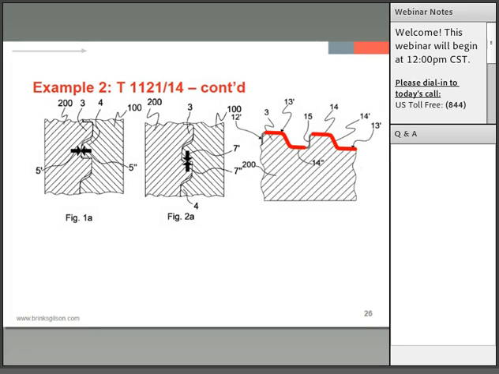What we have here is a threaded fastener, or a threaded connection, for connecting pipes. So we have a pipe, and these are only small sections of the thread. The pipe has reference numeral 100, and the outer nut, which is called a box, I think, has the number 200. And they are screwed into each other.